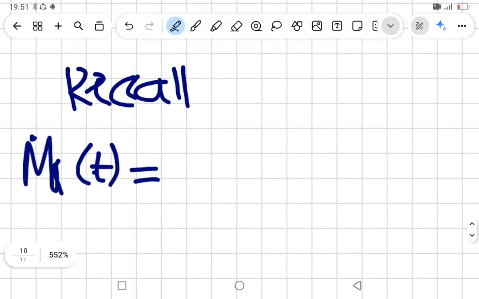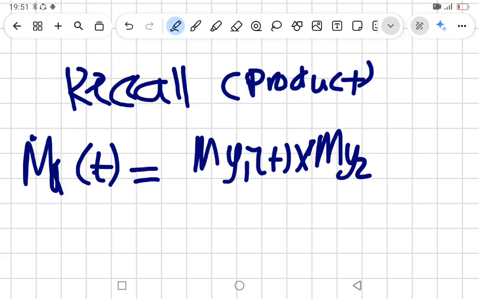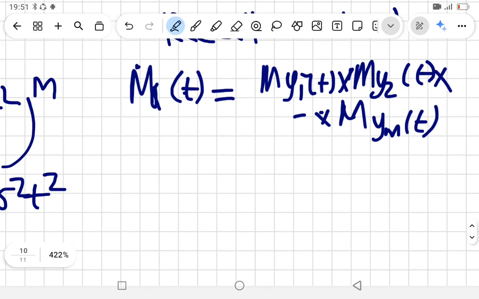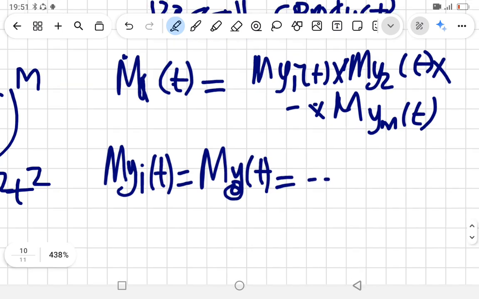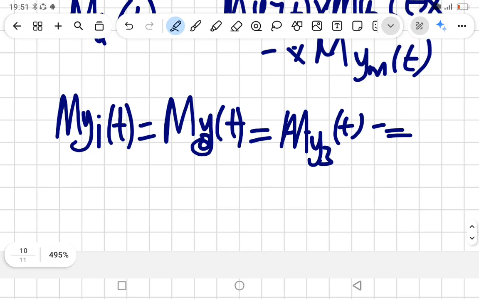the variables of Y will be independent if and only if the MGF of the sum is equal to the product. So meaning M_Y1(t), M_Y2(t) up to M_Ym(t). Now this will be the same as M1 equal to M2 equal to M_Y3 and so on, and then this will be equal to M_Y of t to the power m.